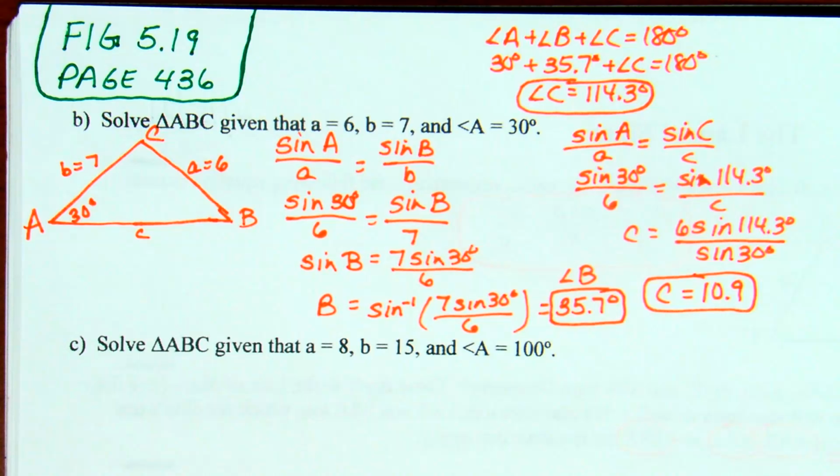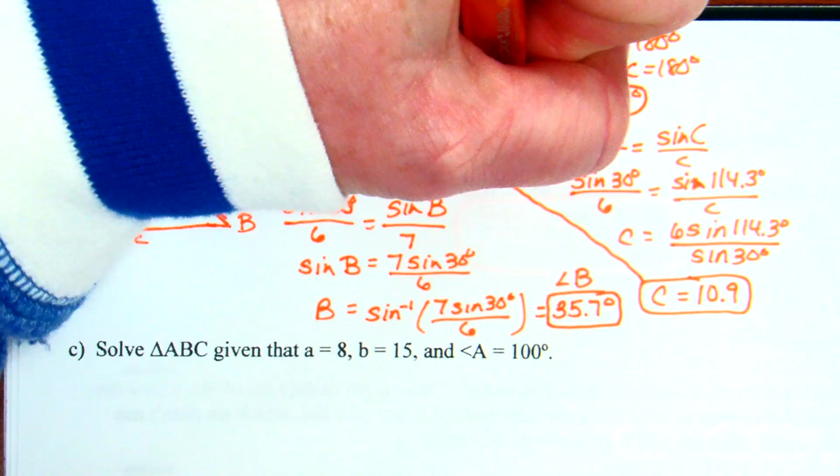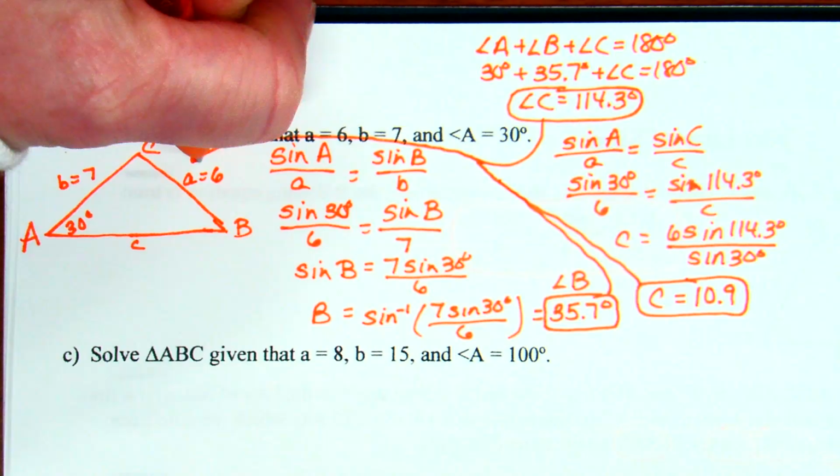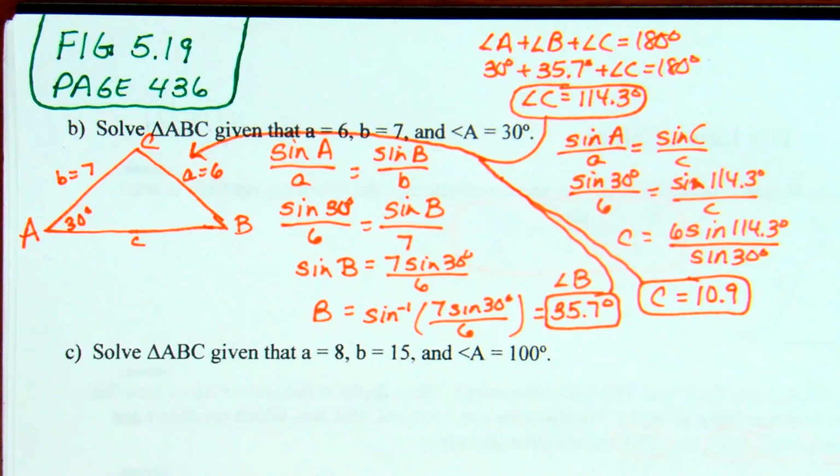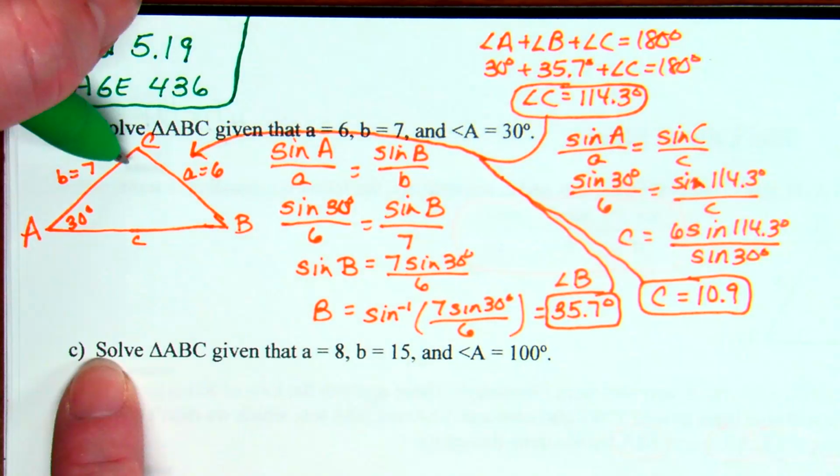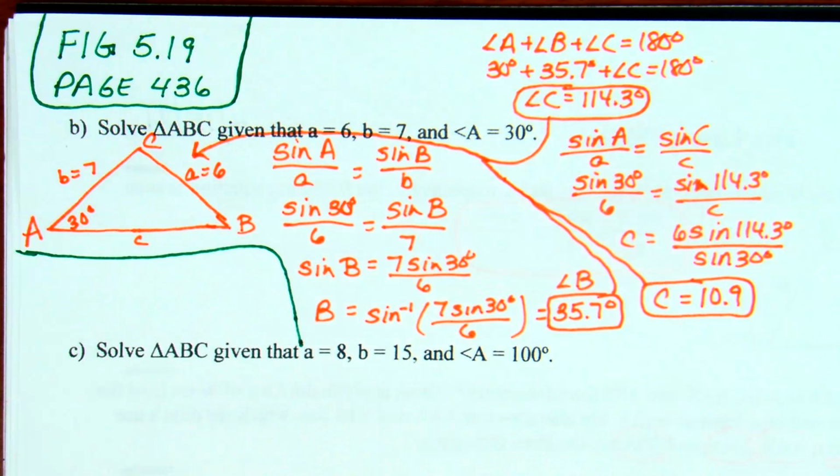Okay. For the orange triangle I have drawn there, have I found all my answers? For the orange, we have angle C, we have side C, and we have angle B, and they all go with that triangle right there. Now, I showed you in the book so you could see the visual.